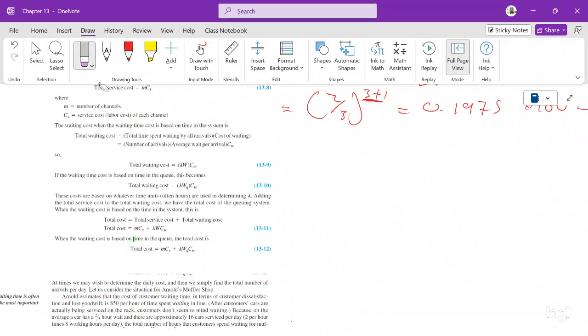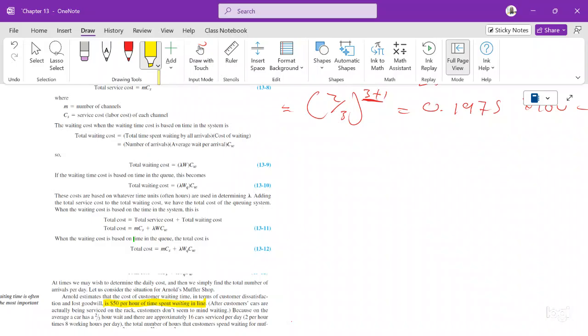So let us consider the same example, whereby the customers, when they are waiting online, per hour you are losing $50.